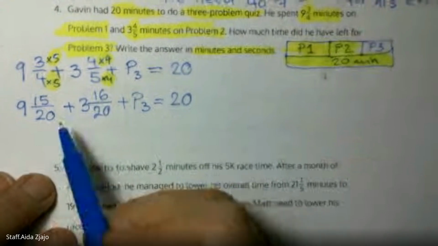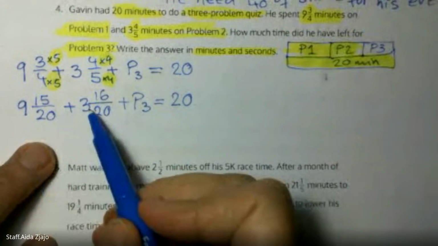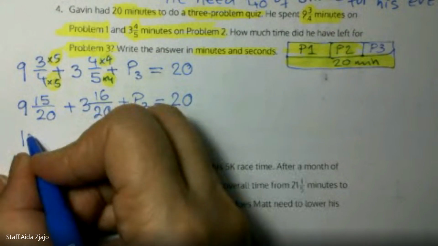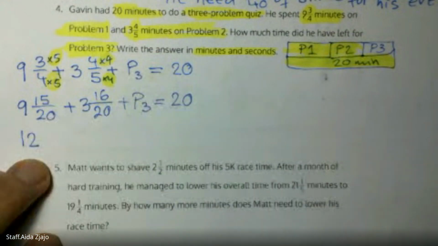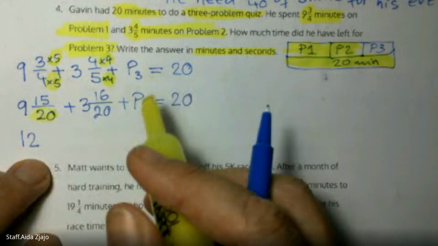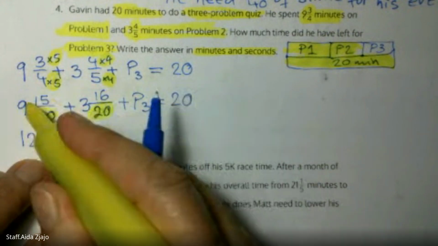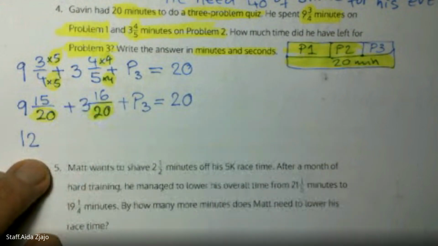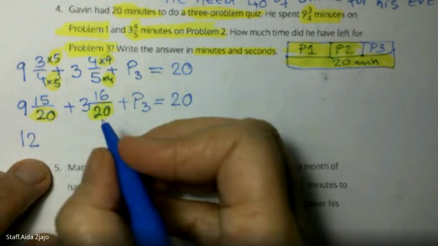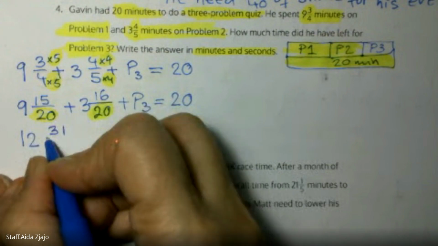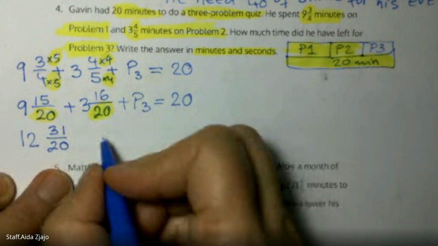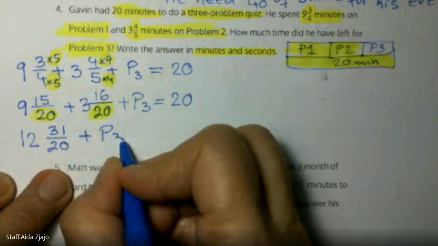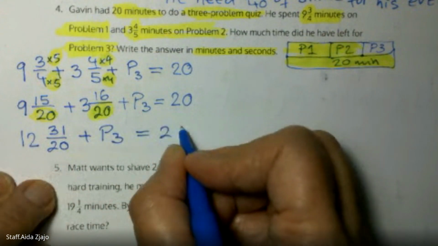Now we can add. 9 wholes plus 3 wholes makes 12 wholes. And 15 20ths plus 16 20ths: 10 plus 10 is 20, 6 plus 5 is 11. So that will make 31 20ths, plus problem 3 must equal 20.